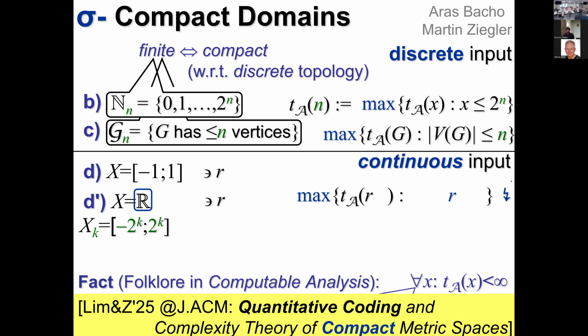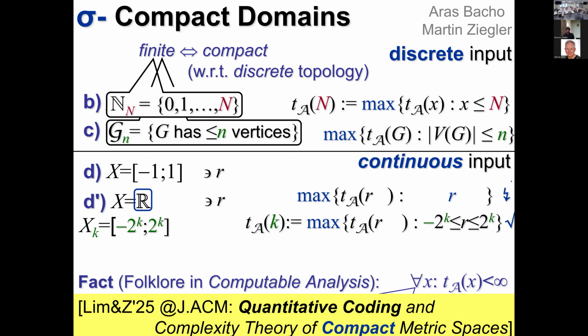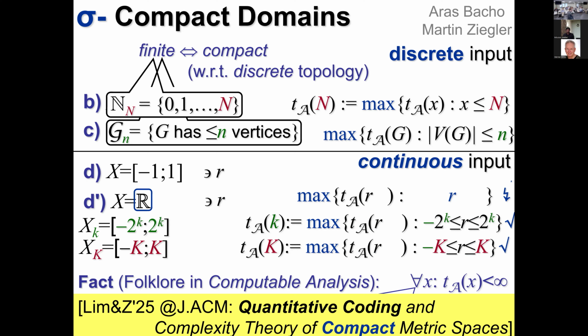With the real numbers, there are two natural ways of exhausting it with compact sets: either with intervals of size 2 to the k, binary parameter, and then the maximum will be well defined, and we can consider asymptotics with k running to infinity, or we can do the same with a unary complexity parameter, and then let that run to infinity.